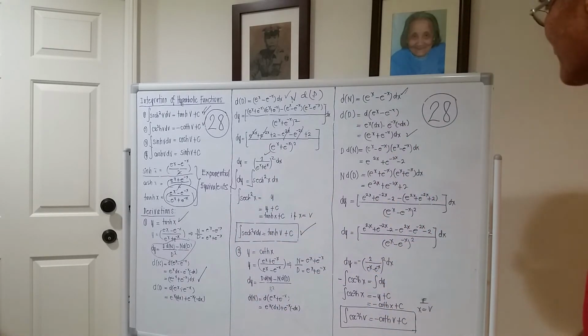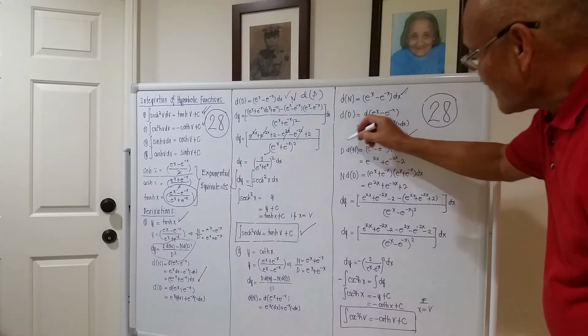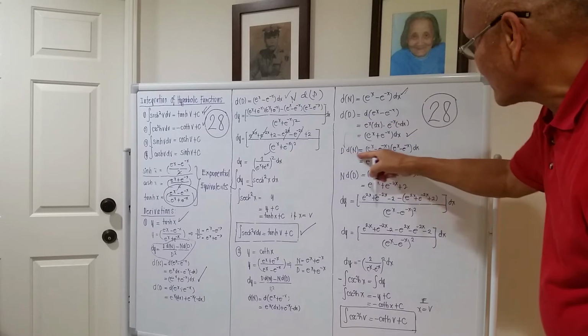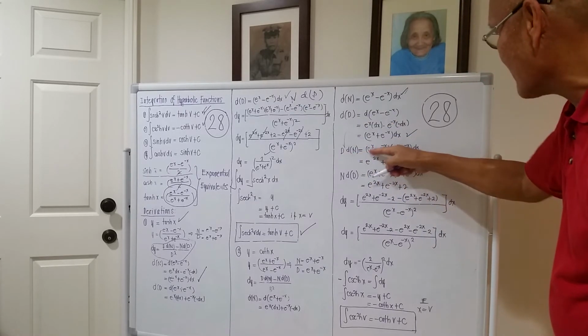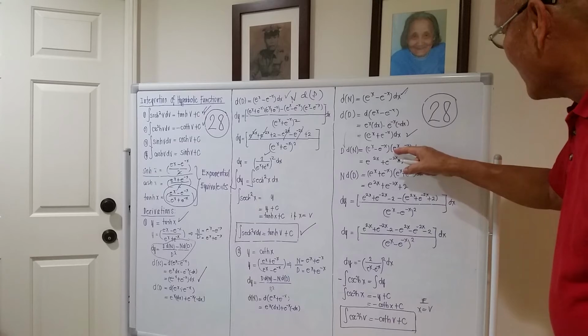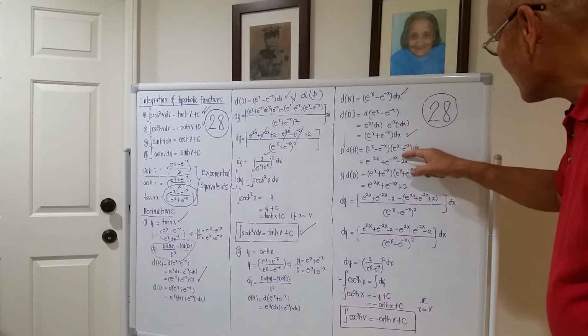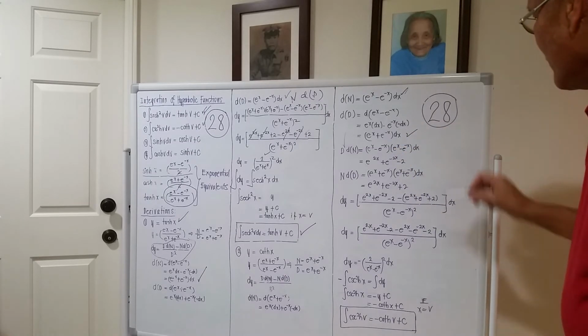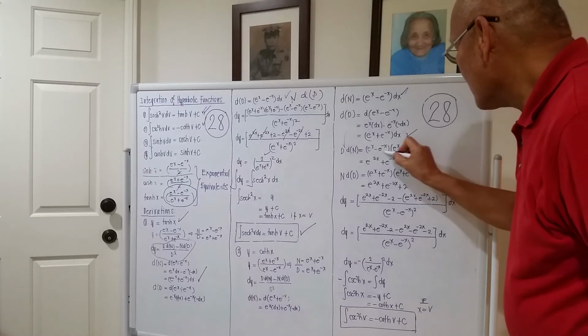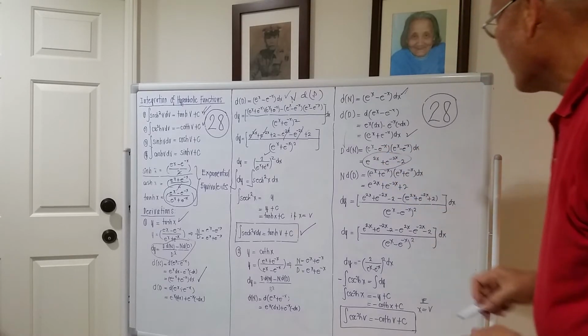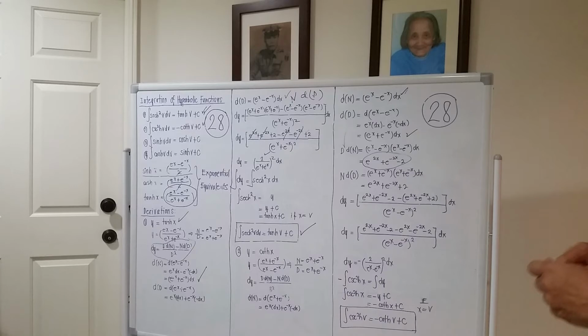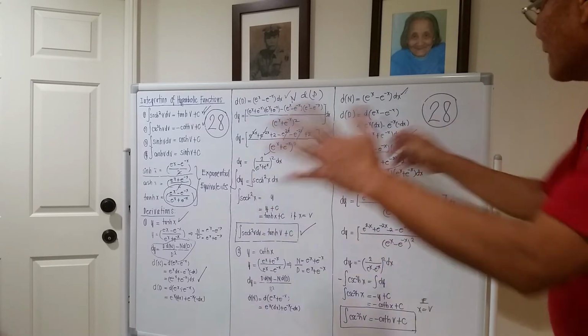We are going downward, right? So the denominator times the differential of the numerator is the quantity e to the x minus e to the minus x times the quantity e to the x minus e to the minus x times dx. And if we try to simplify this one, this is the value. Okay? I took the product of this separately, okay?